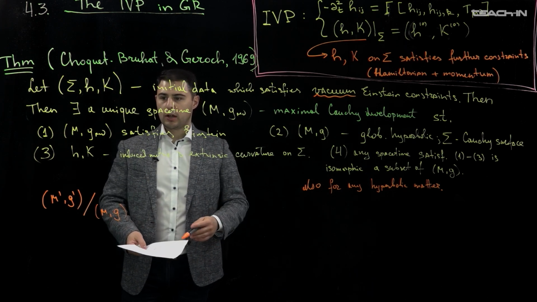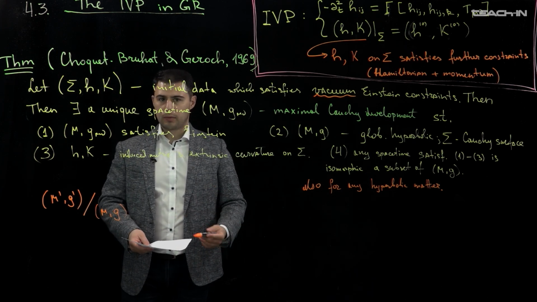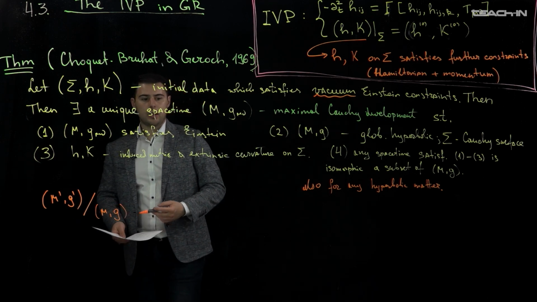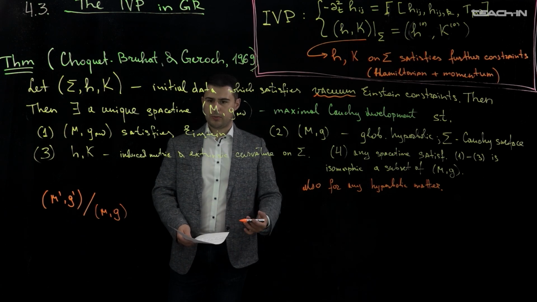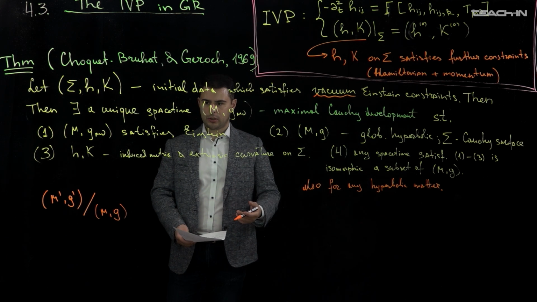This, of course, raises the question of the predictability in GR, because, of course, we're doing classical physics, and we would like to have our physics deterministic.